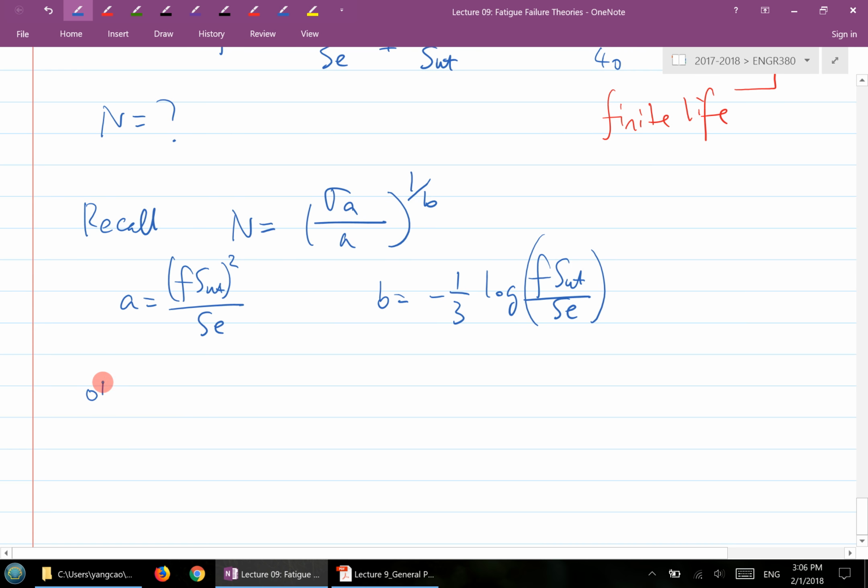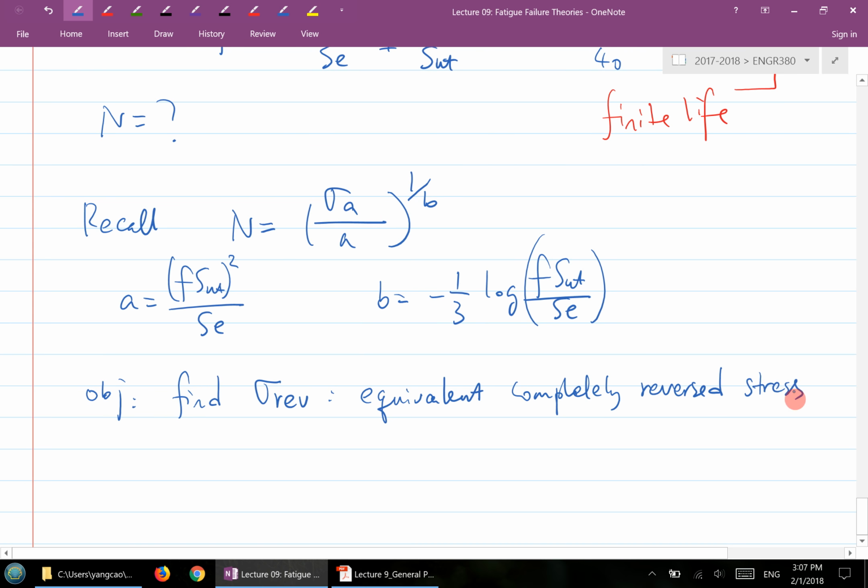The objective is to find a so-called sigma equivalent, an equivalent completely reversed stress, sigma ReV, which does basically the same damage as the pair of sigma A and sigma M. Does that make sense?